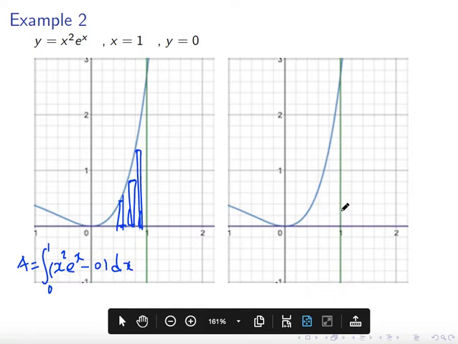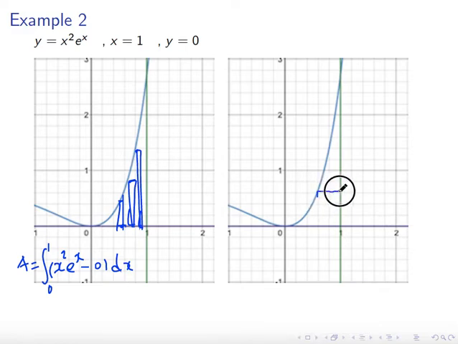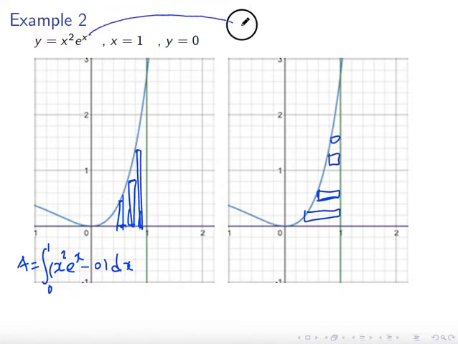And let's set the integral with respect to y. So now we have to consider horizontal rectangles. It's fine, it's going to be a single integral, but the problem here is that we have to isolate x, and it's impossible to isolate x when you have y equals x squared e to the power of x.